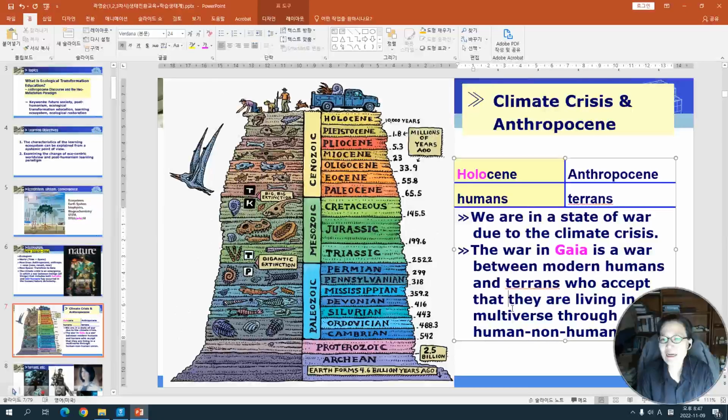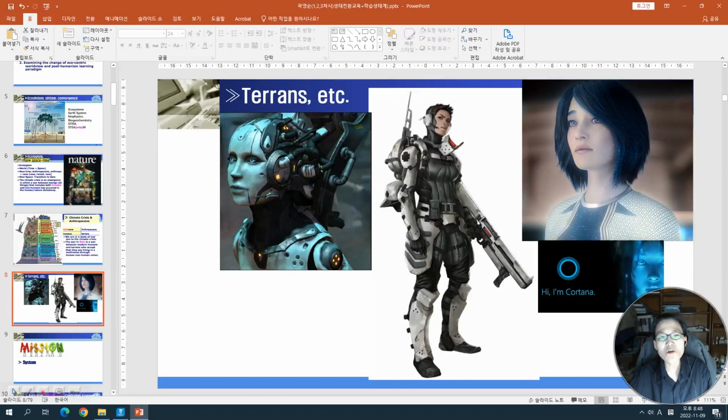So we are in a state of war due to the climate crisis. And the war in Gaia, which is a new space, is a war between modern humans, it means us, human beings, and the Terrans, another being, other than human being, who accept that they are living in a multiverse through human and non-human connections. So this is their prediction of Terrans.